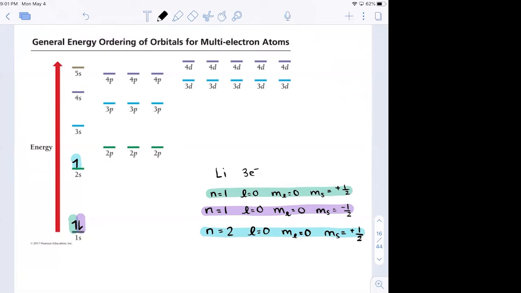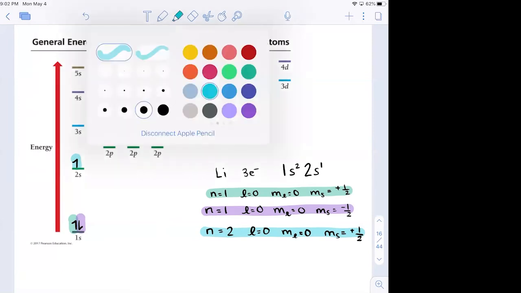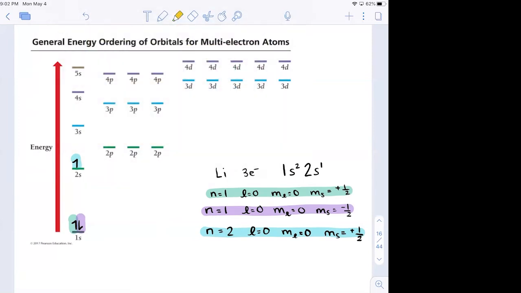Now, electron configurations are our shorthand notation. We want to abbreviate. In the 1s orbital, there are 2 electrons. In the 2s orbital, there's 1 electron. That is the overall electron configuration. Notice that the overall exponents should add up to the electron count, and that is our final, end of the day electron configuration.